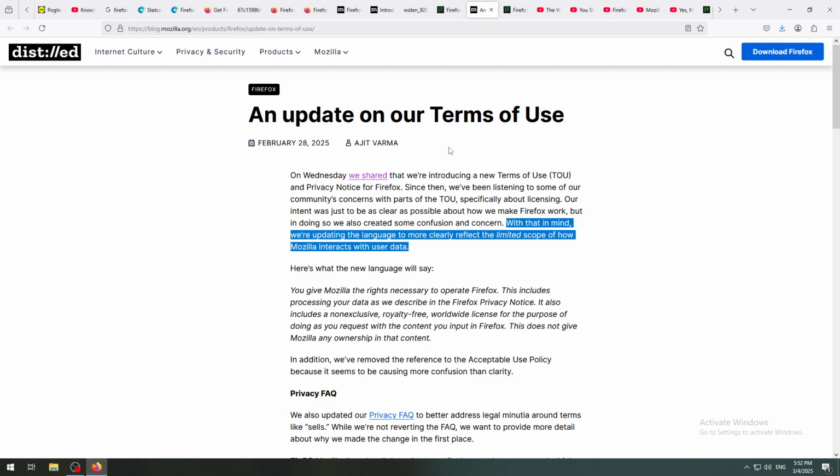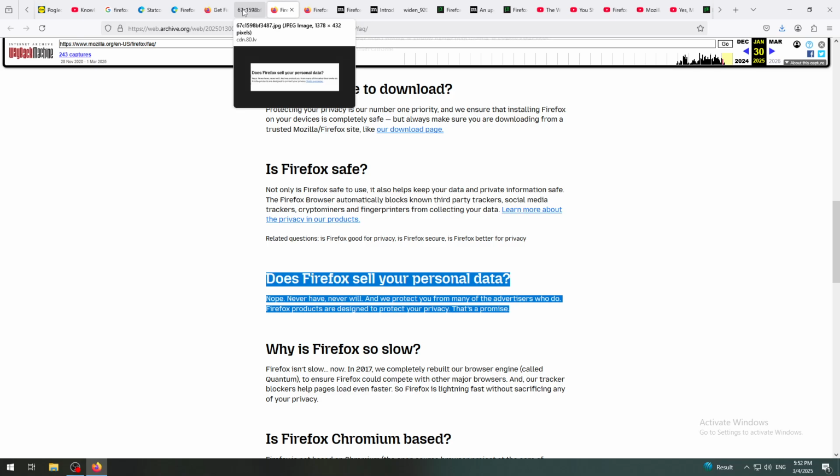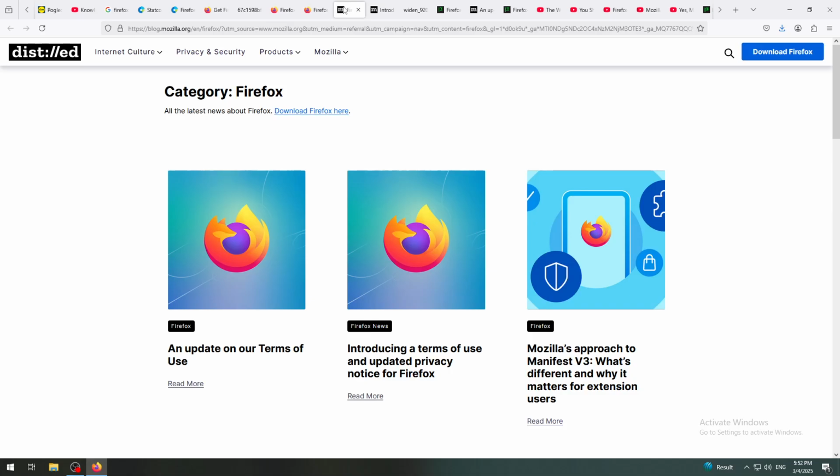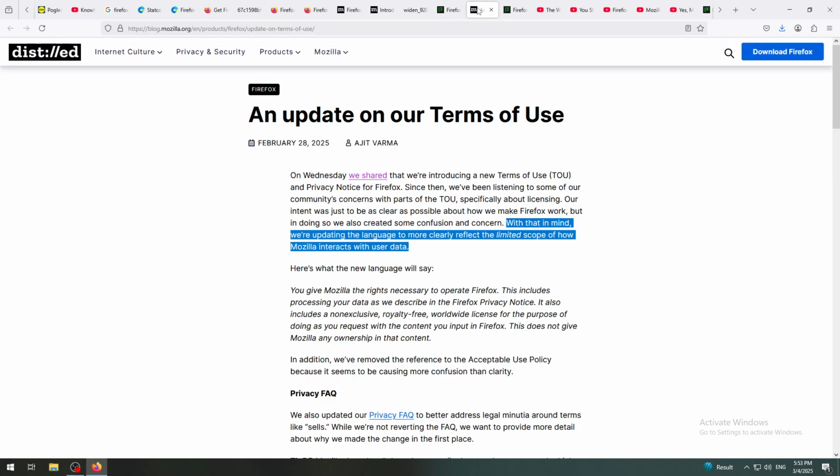But it's funny that their terms of use were uploaded for only 2 days, and they needed to change them because people got mad. That shows that yes, you can say it's cool because they changed it, but they didn't change it in a complete way and the right way.